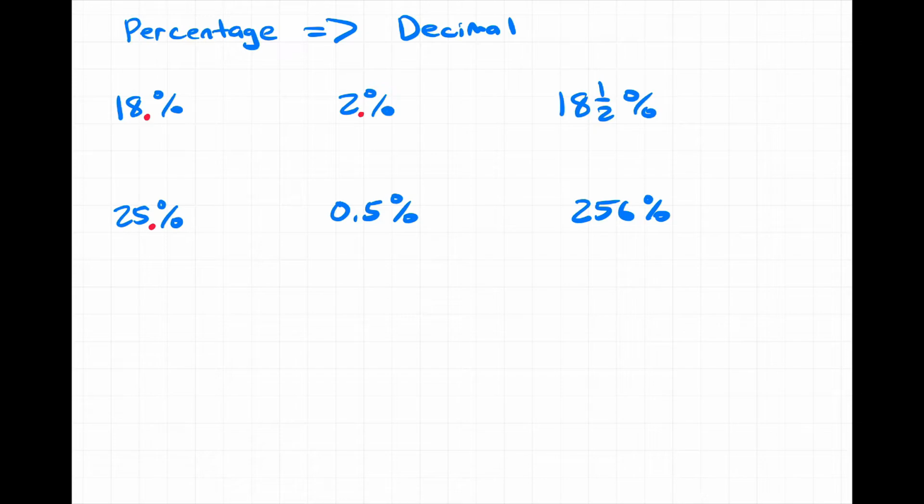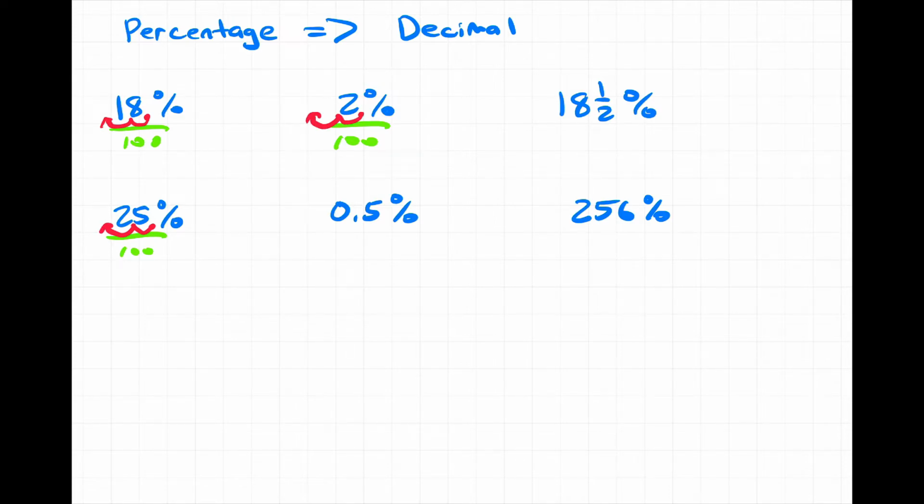I'm literally dividing that number 18 by 100 and 25 by 100 and 2 by 100. So I'm doing some division, but the fastest thing to do when we're dividing by a base 10 number such as 100 is we're just going to move the decimal 2 spots to the left, 2 spots to the left, 2 spots to the left.